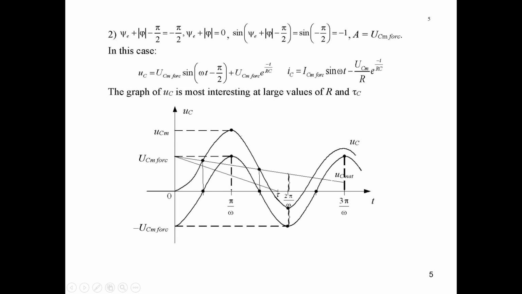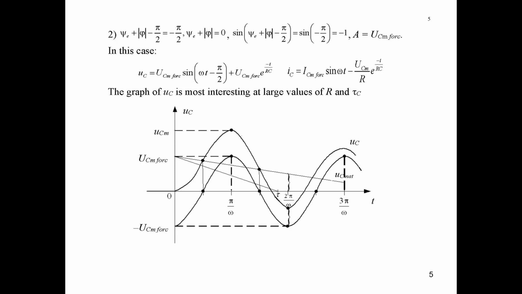At t tends to infinity, this curve will approach the uC forced curve, but at the moment of gaining the second maximum of uC forced, when this maximum is summed up with uC natural, we will have a pretty big level of the sum of uC forced and uC natural.